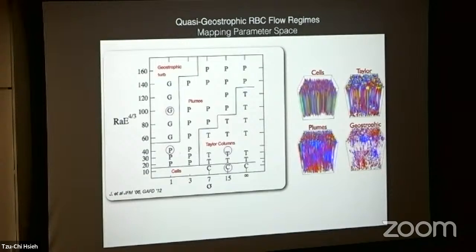And I'm going to explain some of these in turn. We actually find a successive class of complexity in the solutions observed in the layer, and we kind of map them out. Okay, so this is the flow morphology.